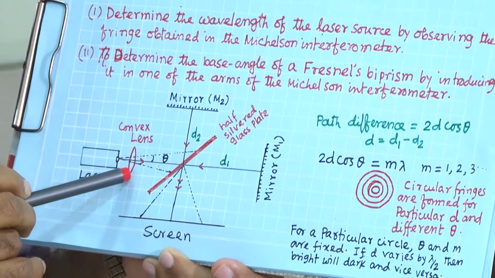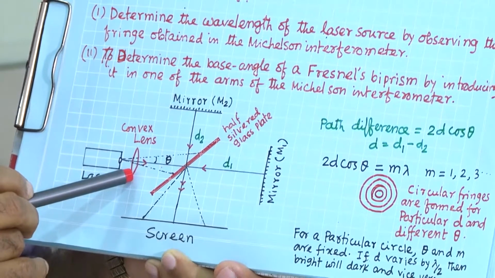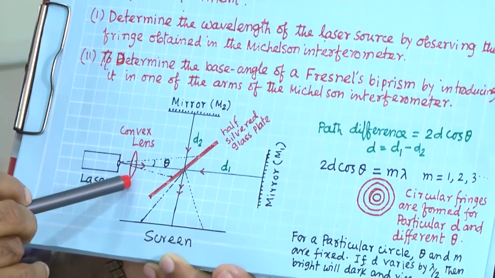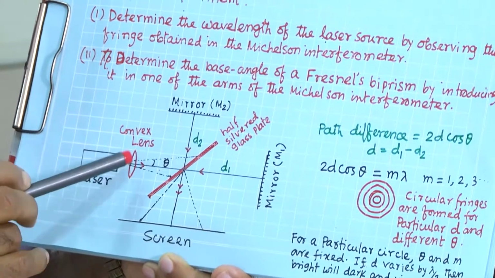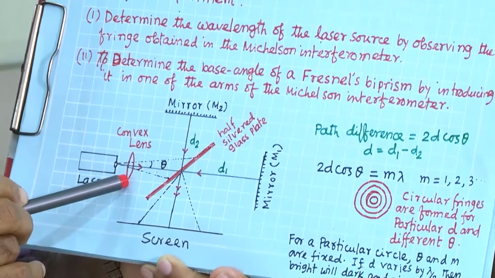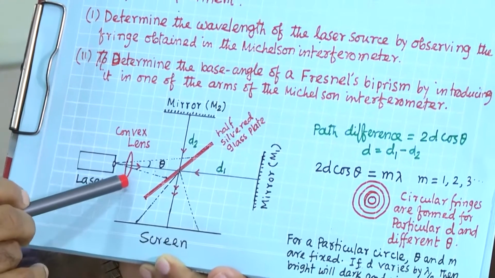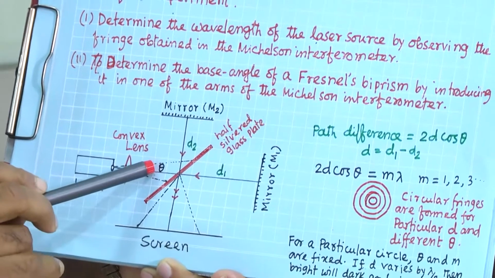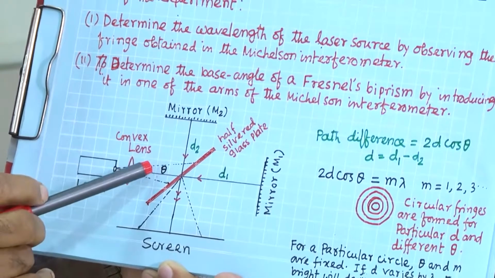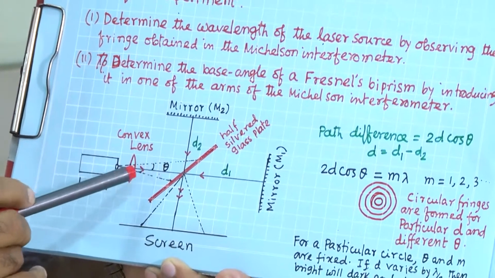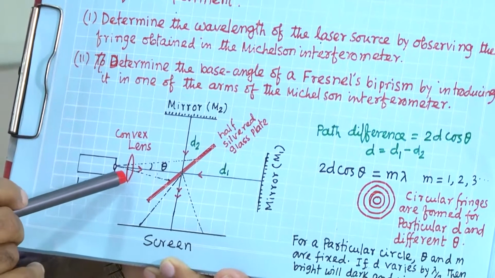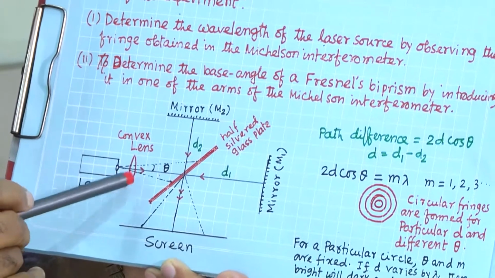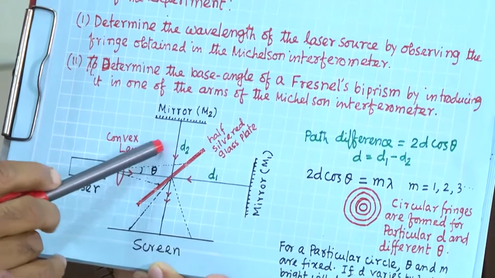The laser is not put at the focal point of this lens. If we put it at the focal point, then these parallel rays will meet at the focal point on the other side. Now, if it is either greater than the focal length or less than the focal length, then it will diverge.